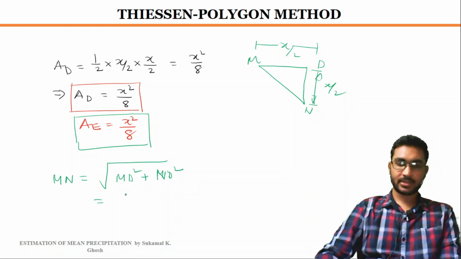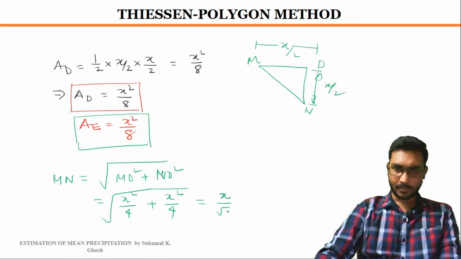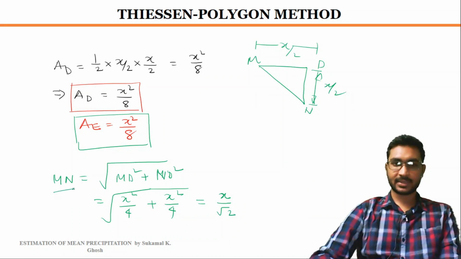So MD square is x square by 4 plus ND square will also be x square by 4, root over. If you solve it, you will get x by root 2. So we have got this MN.